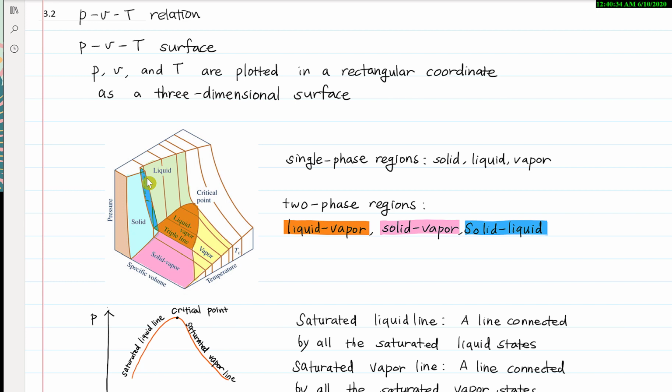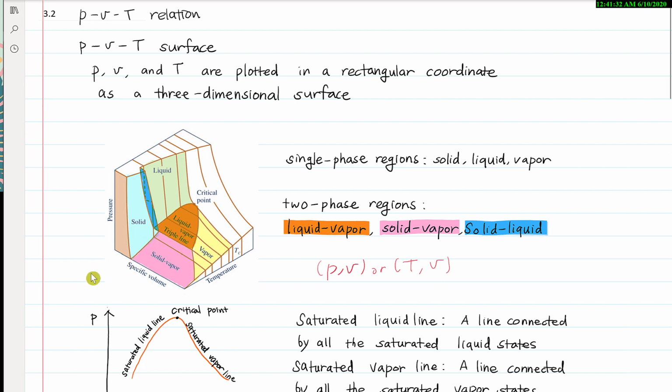So the state cannot be fixed or completely determined by temperature and pressure alone in two-phase regions. However, the state can be fixed by pressure and specific volume, or temperature and specific volume. And this is only for two-phase regions.